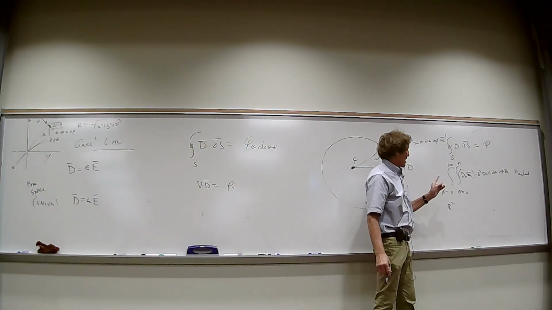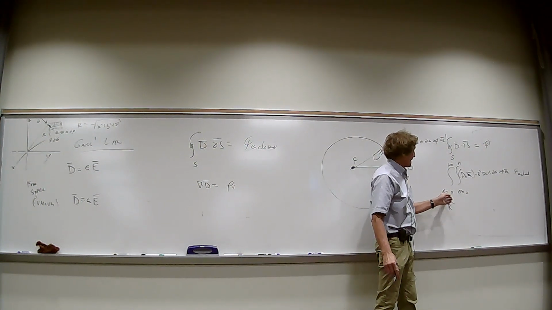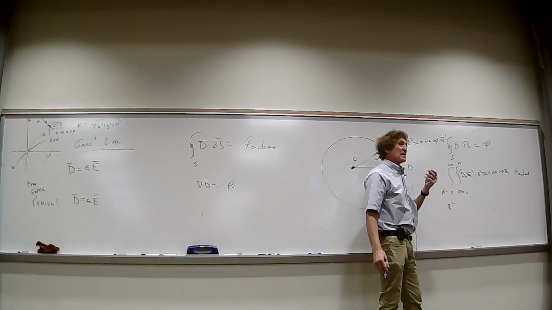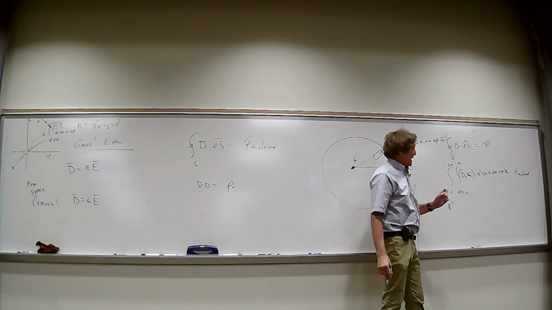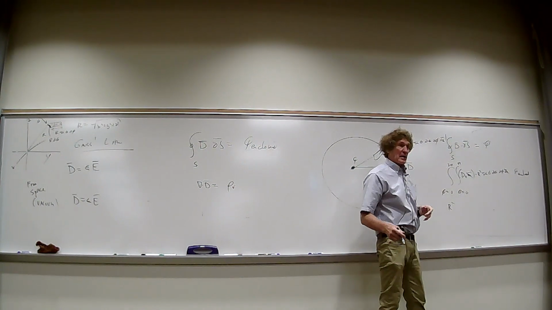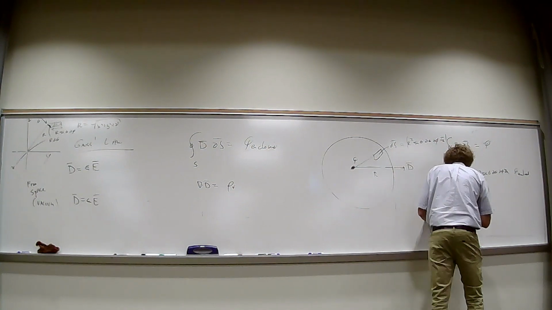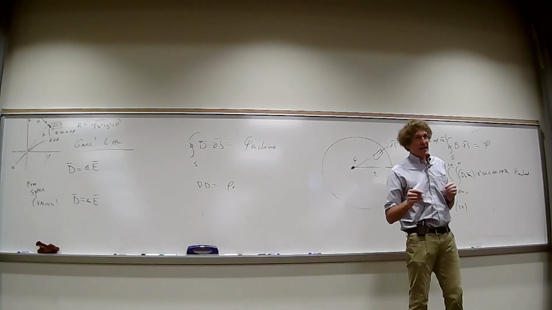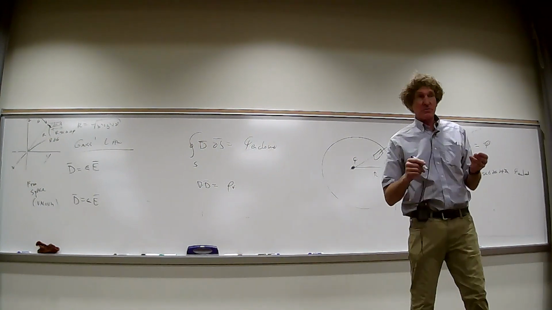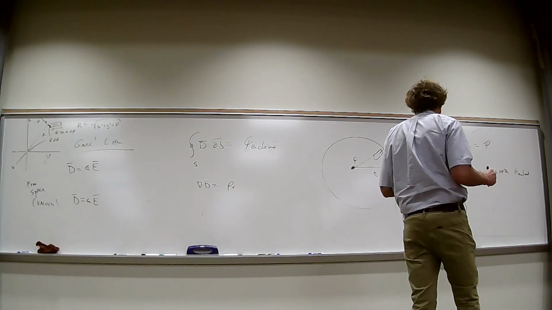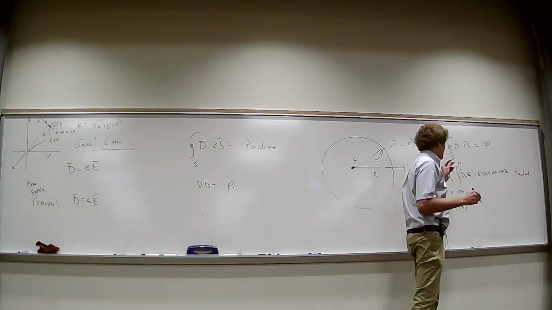Y'all agree? Now, I've got the outer integral over phi. Nothing in here is a function of phi except d phi. When I integrate d phi, I get phi, evaluated from 0 to 2 pi, which is just 2 pi. So I have r squared times 2 pi. Now I have to integrate sine theta, which is minus cosine theta, evaluated from 0 to pi.